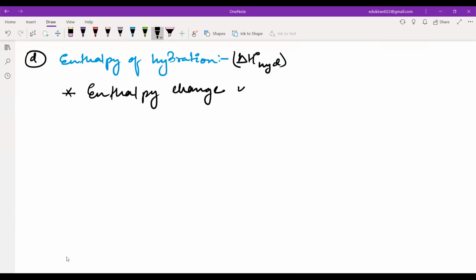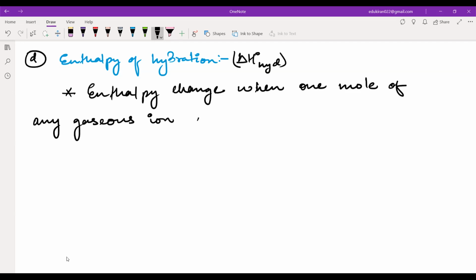The enthalpy change when 1 mole of any gaseous ion is hydrated by water.